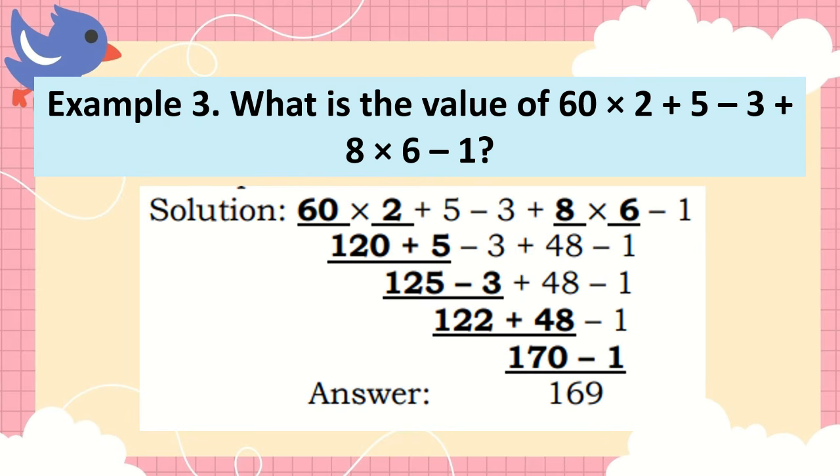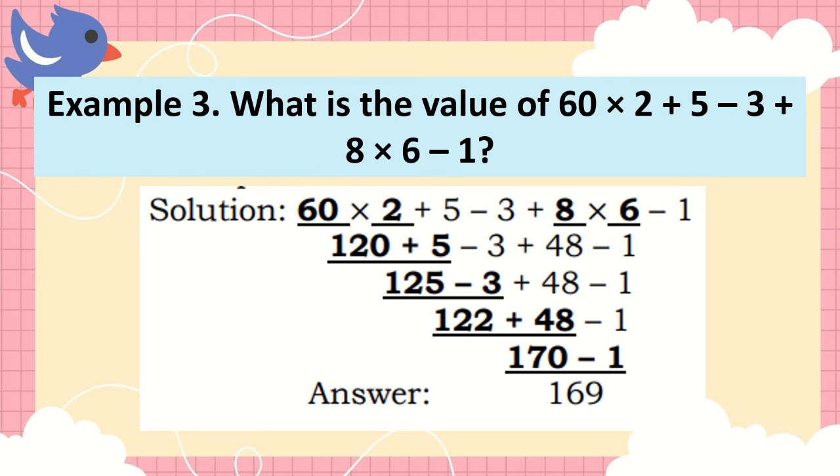Next, what is the value of 60 times 2 plus 5 minus 3 plus 8 times 6 minus 1? Solution: 60 times 2 plus 5 minus 3 plus 8 times 6 minus 1. We are going to solve first 60 times 2 and 8 times 6. Thus, 120 plus 5 minus 3 plus 48 minus 1.